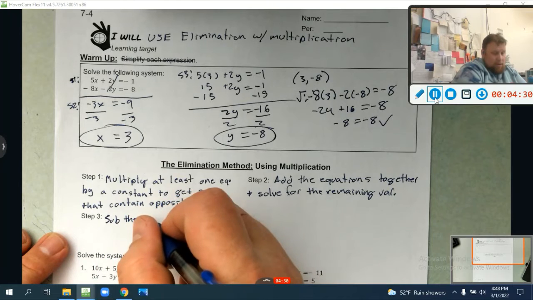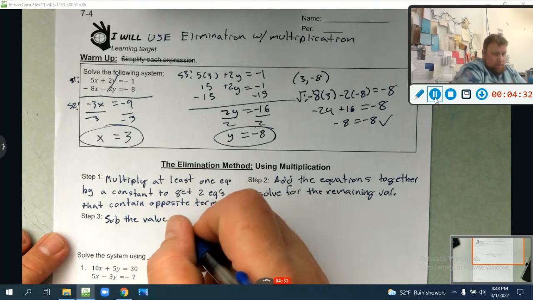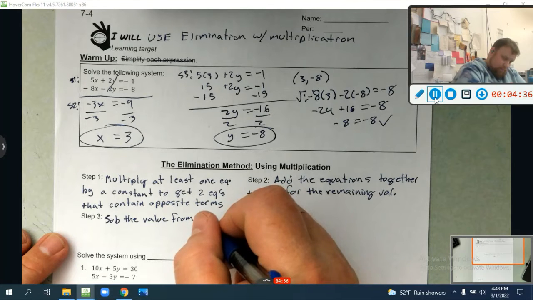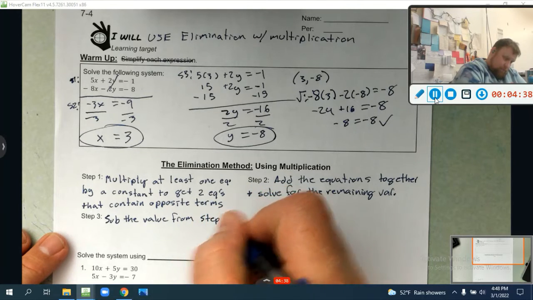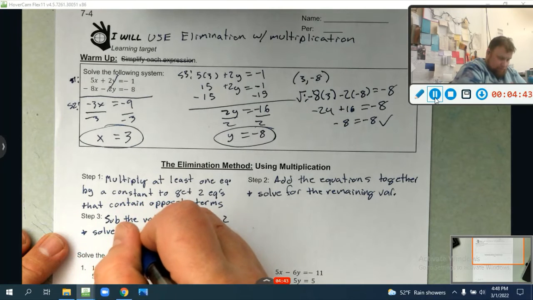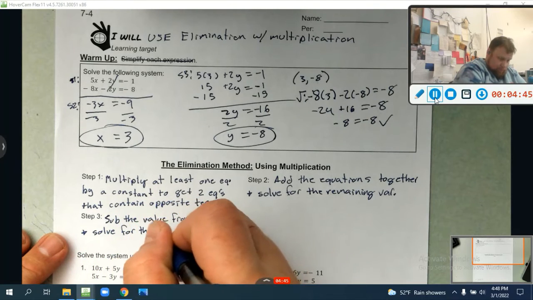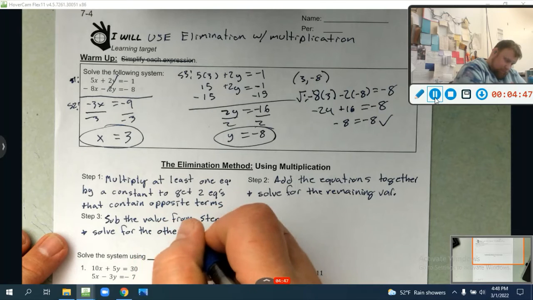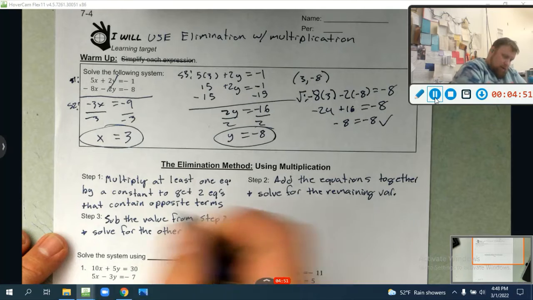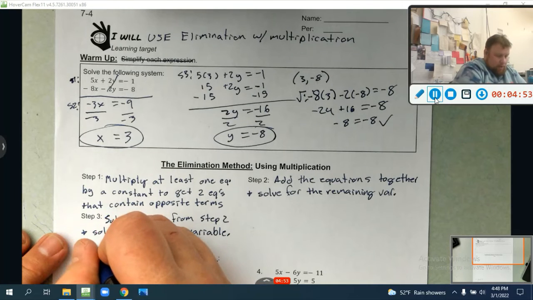Sub the value from step 2 and solve for the other variable. I'm going to write this as an ordered pair.